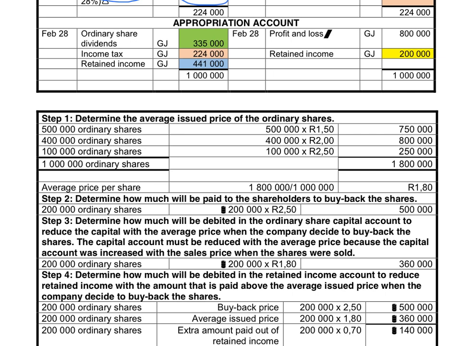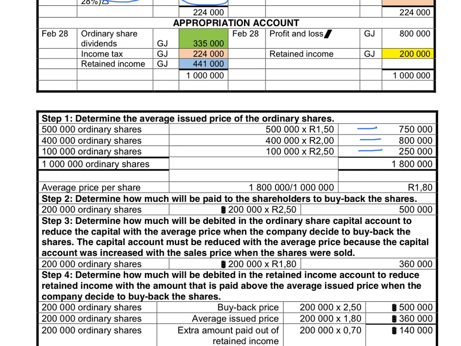If we look at the average price, we sold 500,000 at R1.50. That gave me 750,000. Then 400,000 was sold at R2. That gave me 800,000. And 100,000 was sold at R2.50, 250,000.